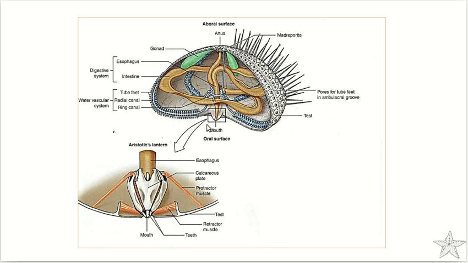Now the ciliary currents bring about changes in the coelomic pressure, and the contraction of muscles associated with the Aristotle's lantern, that is the protractor and retractor muscles, move the coelomic fluid into and out of the gills found along the mouth region.